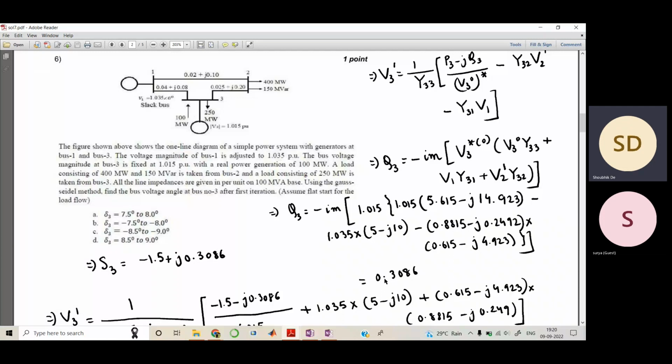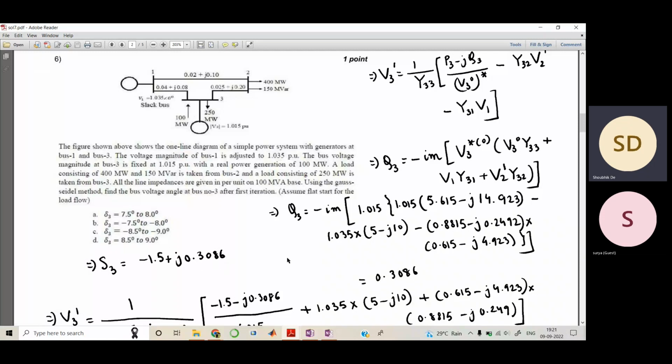And it comes out to be 0.3086. Therefore, your total apparent power at bus 3 would be minus 1.5 plus j 0.3086. Hence, you can easily see that bus 3 is consuming 1.5 per unit real power, and it is generating this much reactive power.